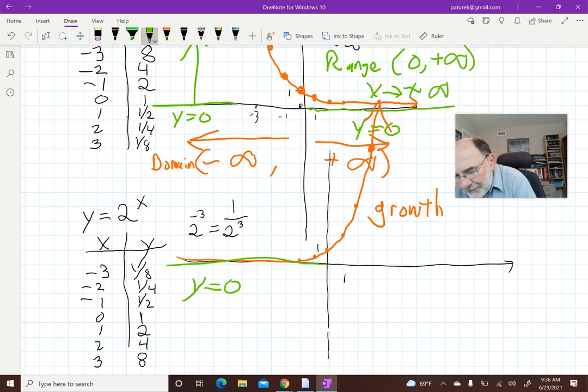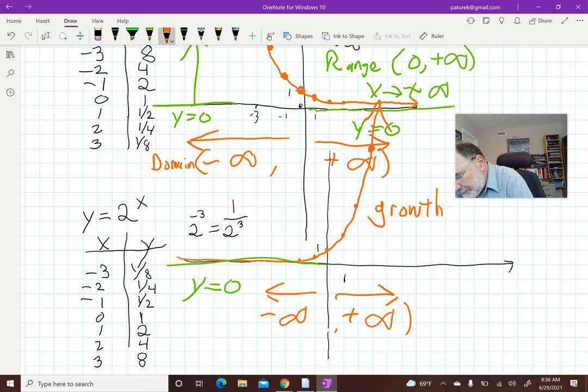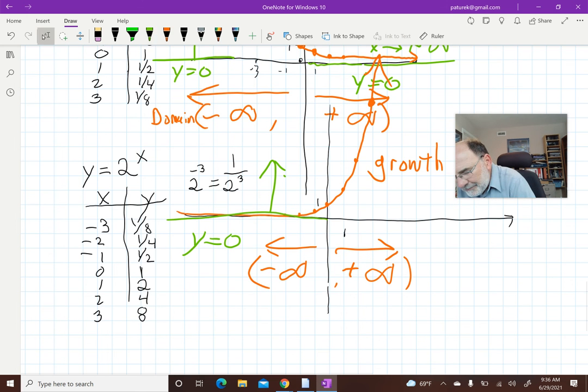What are the allowed values of x? Well, it can go all the way from -infinity to positive infinity. So that's the domain. For the y values, it doesn't even touch 0, and it goes up from there. It goes to positive infinity. So the range in this case would be 0 to positive infinity.